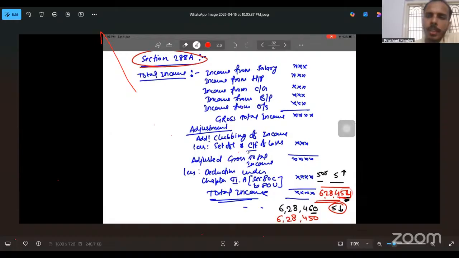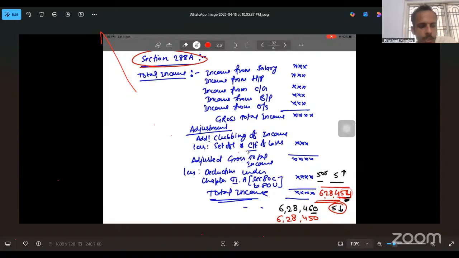Somebody who is staying equal to or more than 182 days in a year is considered an ordinary resident. He is taxed on global income, whether he earns income from India or from abroad, his entire income will be taxable in India. Then we have resident, not ordinary resident.